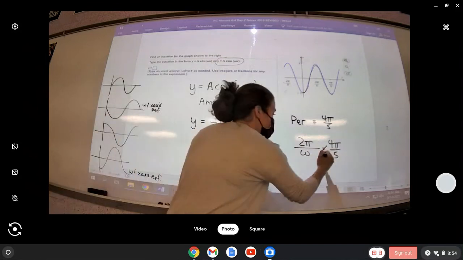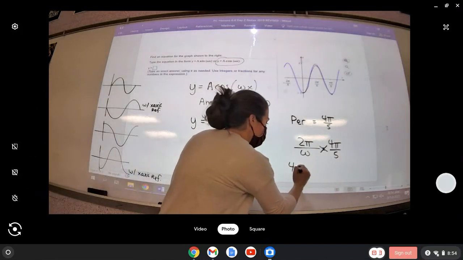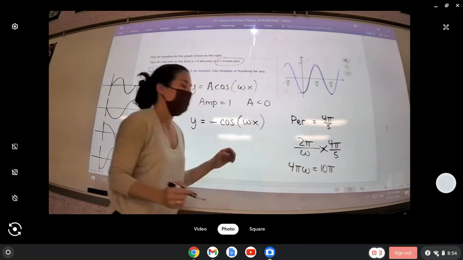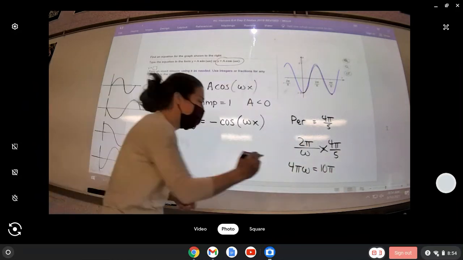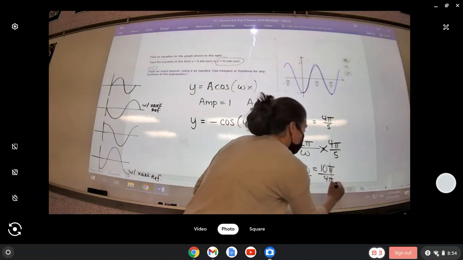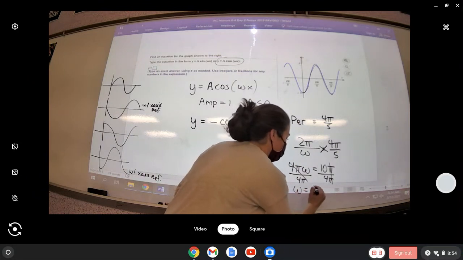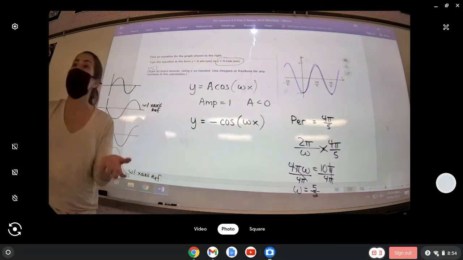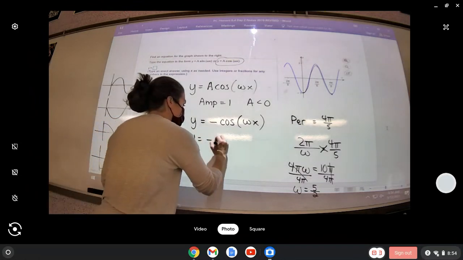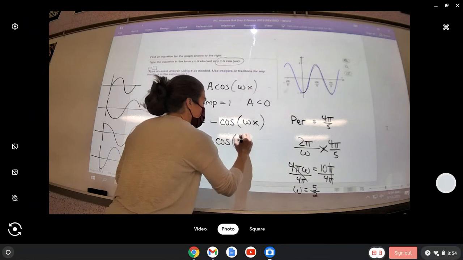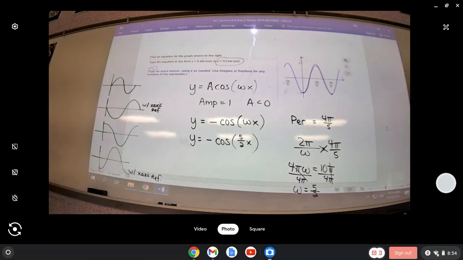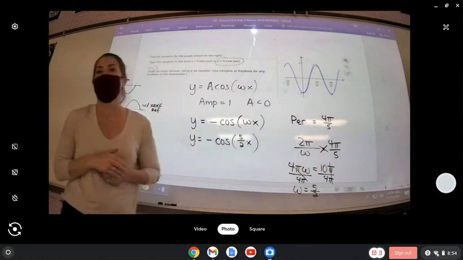Cross multiply: I get 4 pi omega equals 10 pi. We're solving for omega, so divide by 4 pi. My pi's cancel, and 10 over 4 reduces to 5 halves. So omega must have been 5 halves. So now we can say y equals the opposite of cosine of 5 halves x, and that would have been the function to create this curve.